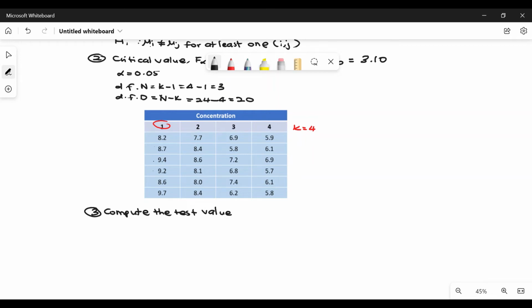So first of all, let's find the mean and the variance for each sample.